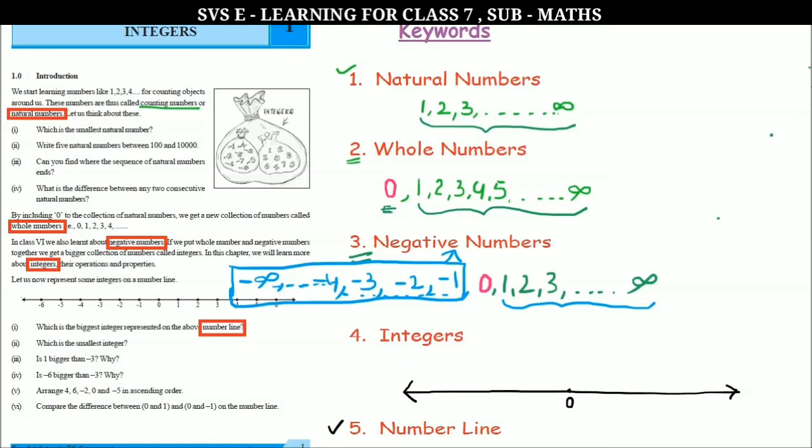To the right of 0, put 1 at some distance, then mark 2, 3, and so on. Then put 4, 5, 6.